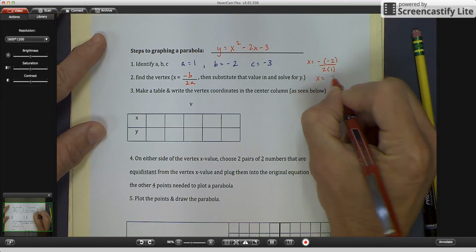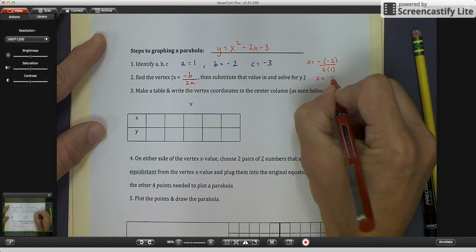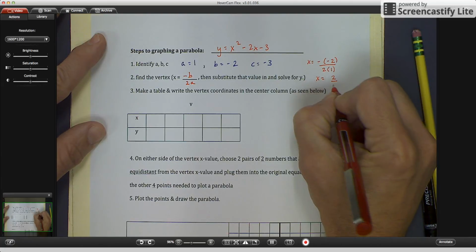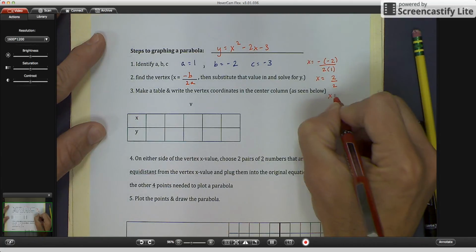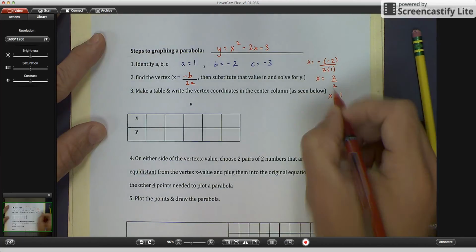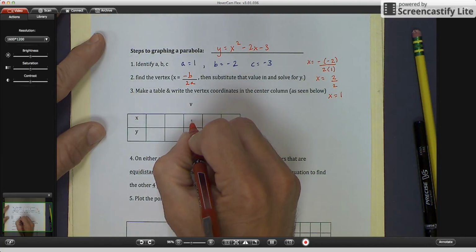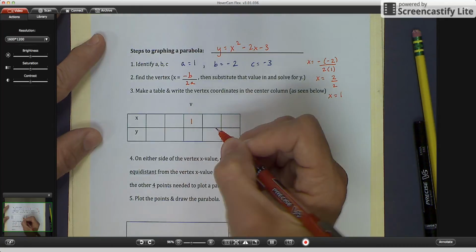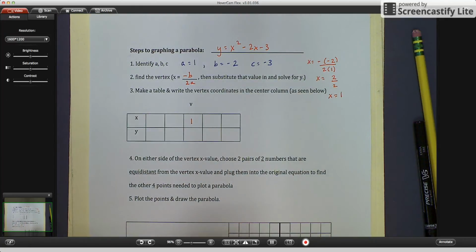When we simplify that, negative times a negative is a positive 2, over 2 times 1 would be positive 2. So our x value is 1 for our vertex. The vertex is always in the middle of our 5-number summary. So we go down there.